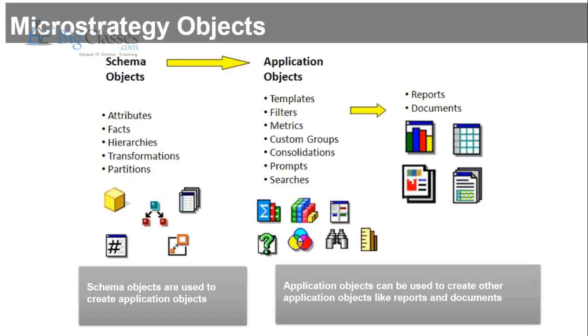Once we are done with the development of the schema objects, we will start creating the application or public objects, such as filters, prompts, and so on. And once I'm done with the schema objects and the application objects, finally I will create my required reports, documents, and dashboards.